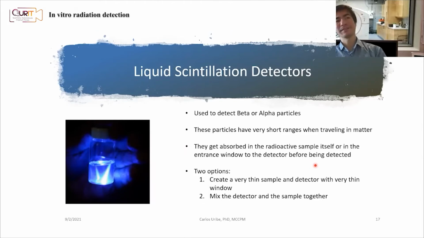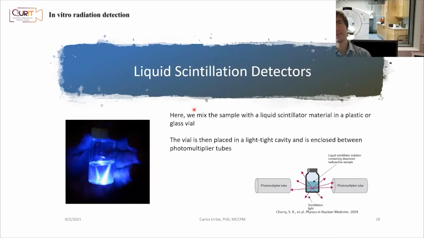The other option, which is what I'm showing here and is the most efficient one, is to mix the detector and the sample together. We take some liquid, put the radioactive substance there, and mix that sample with the liquid scintillator, and we place it inside a plastic or glass vial.